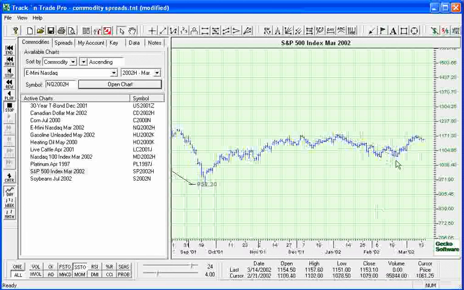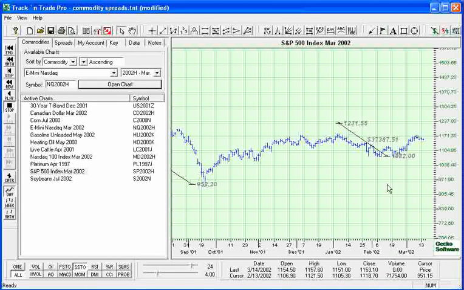Let's get the larger font here. That's a $37,000 move. And a $27,000 move. That puts our $18,000 spread move into perspective. Let's look at the key real quick for the S&P.